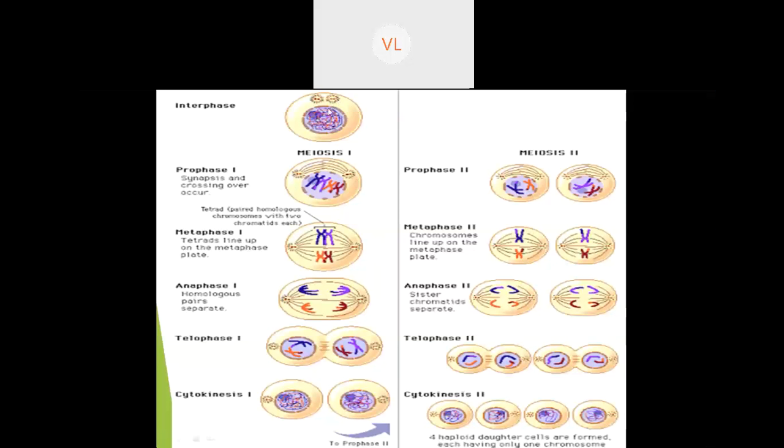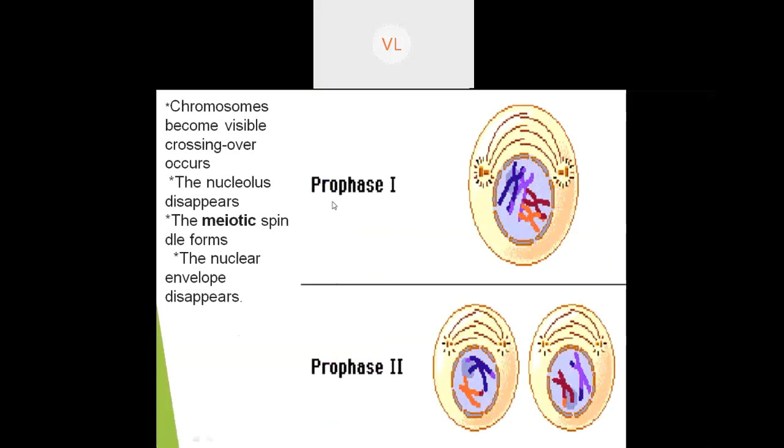Chromosomes were not there, chromatids were there. So in this prophase 1, these chromosomes meet together. The chromatids become chromosomes, and they become visible in the cell.